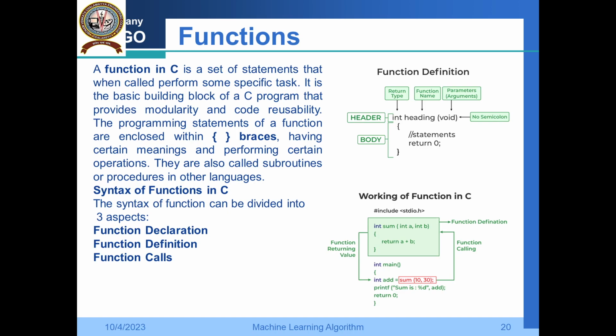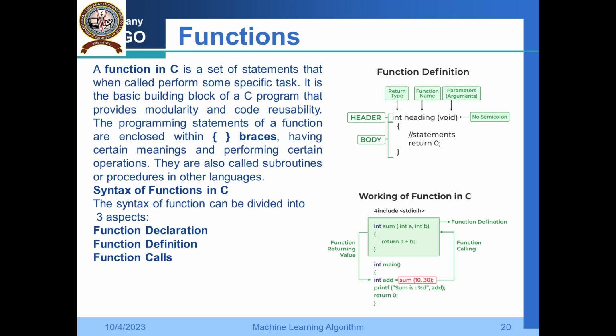Okay. So, the programming statements will be inside these curly braces, having certain meanings and performing certain operations. For the syntax, we have three things: the function declaration, the function definition, and function calls.